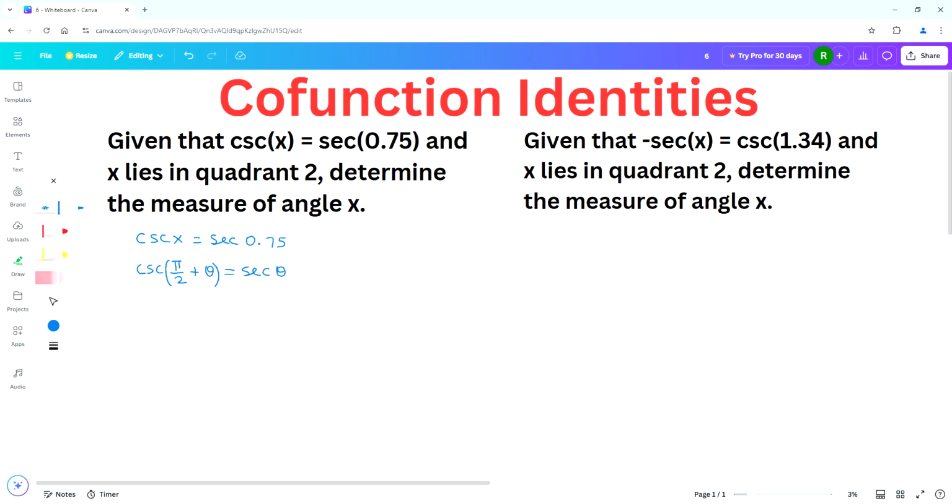In the given equation, we have secant 0.75. That means we should sub in theta as 0.75 in this identity.